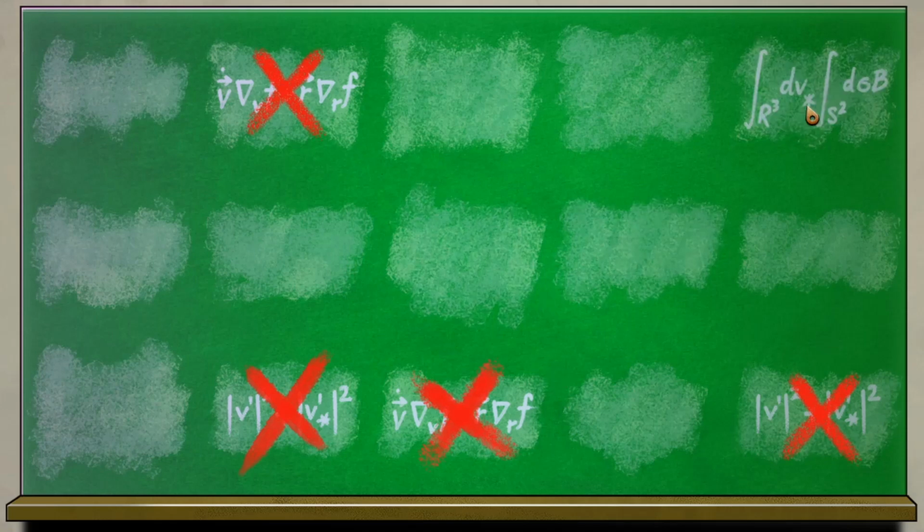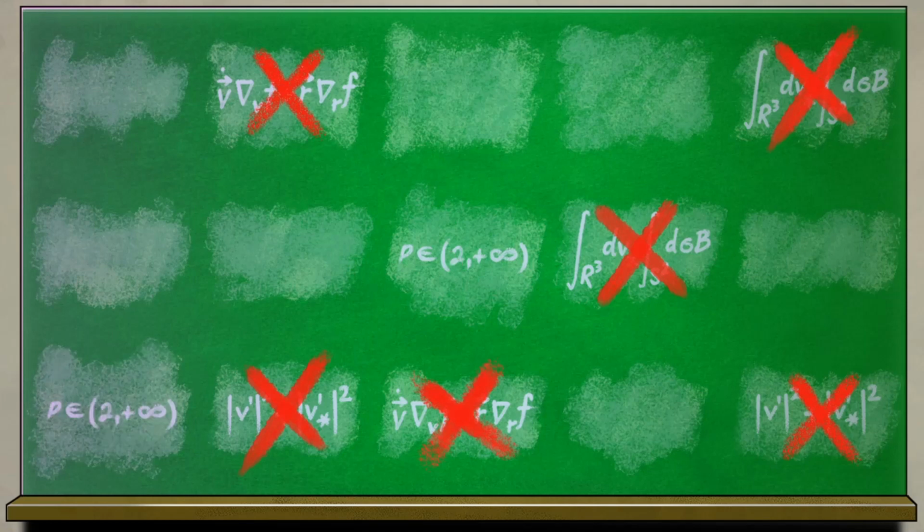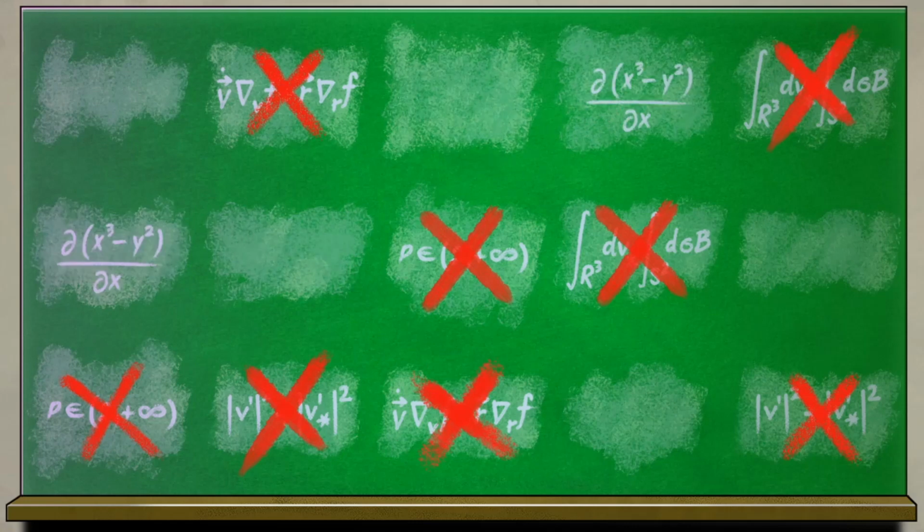The fifth from the first and the fourth from the second one. Third from the second and first from the third. The fourth from the first one and the first from the second.